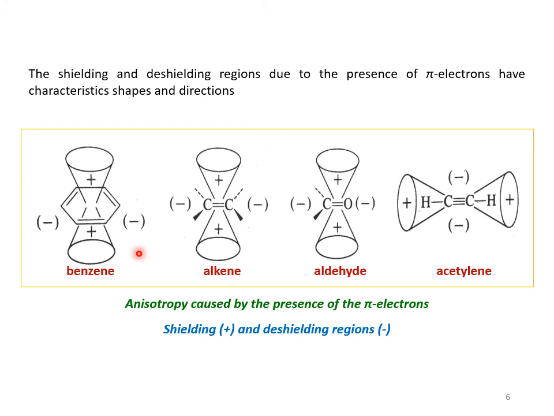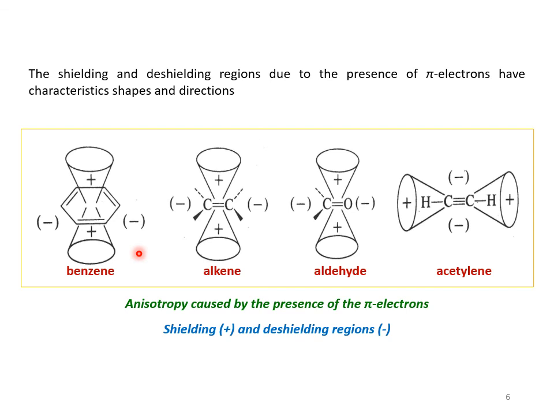So the shielding and de-shielding effect of the proton depends upon the position of that proton. If the proton is present in the shielding region, then it shows at lower delta values. If the proton is present in the de-shielding region, for example in case of benzene, alkene, aldehyde, the proton will show at higher delta values.